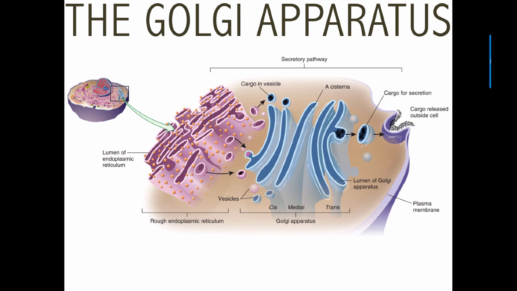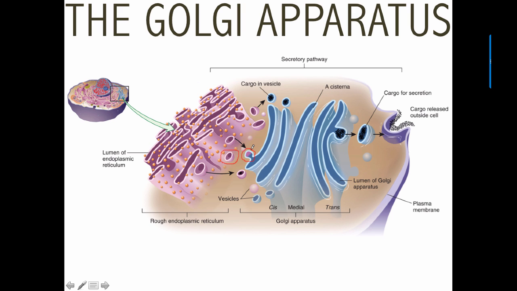Those proteins move from the endoplasmic reticulum in little vesicles. A vesicle is just a sac of membrane, pinched off from the endoplasmic reticulum, and it's going to come over here and dock.